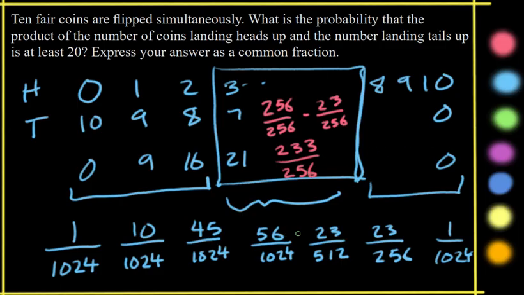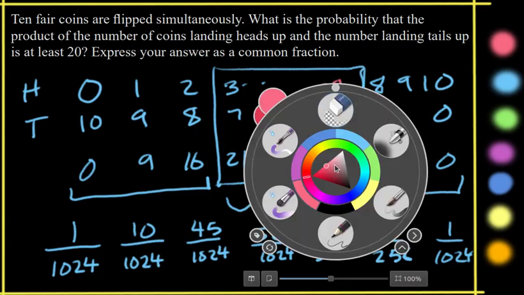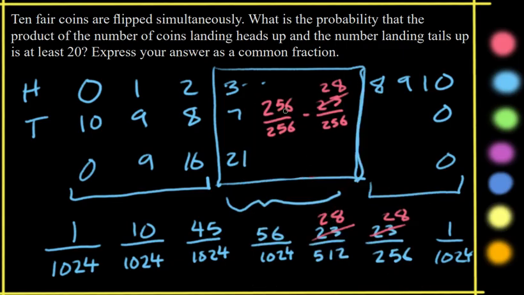Oh, I messed up. This is not 23. This is 28. I'm sorry. This is 28, and that makes this 28 over 256. So we're subtracting 28 here. Let me fix this. So now instead of 233 over 256, what do we have? 228 over 256.